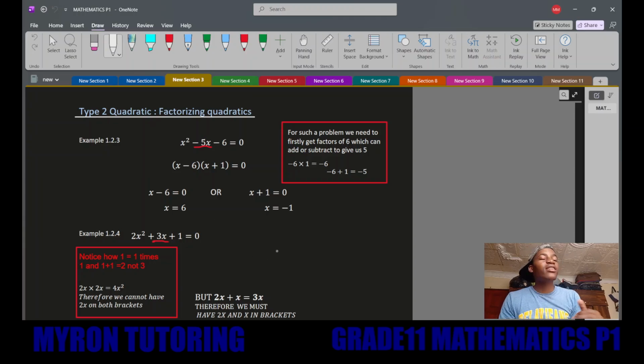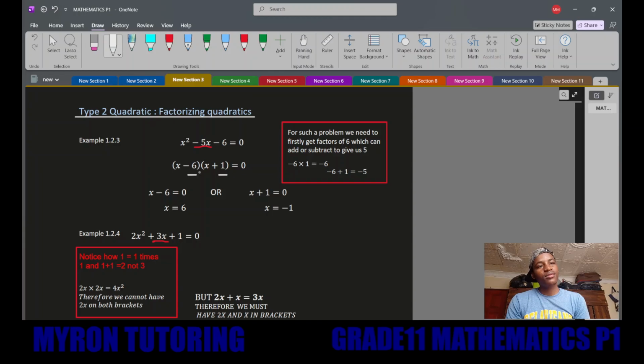What are the factors of -6 which are going to give us -5x? The only way that -6 can give you -5x is that you have a -6 which is going to add to a +1. And conveniently for us, -6 times +1 is -6. Thus the factors that we have here are -6 and 1.